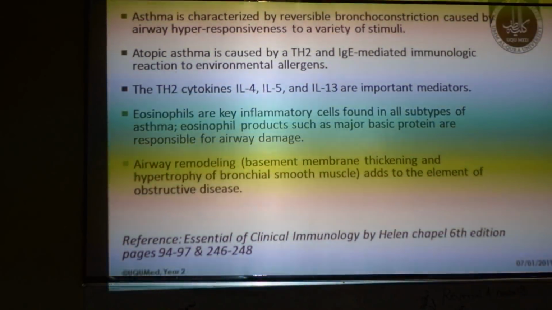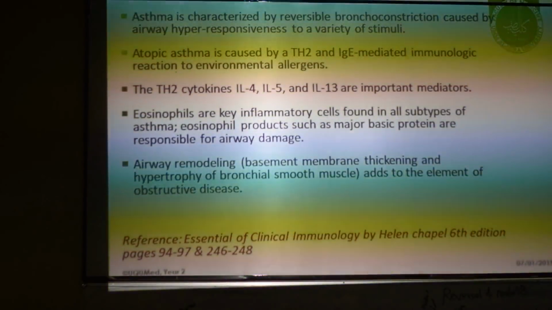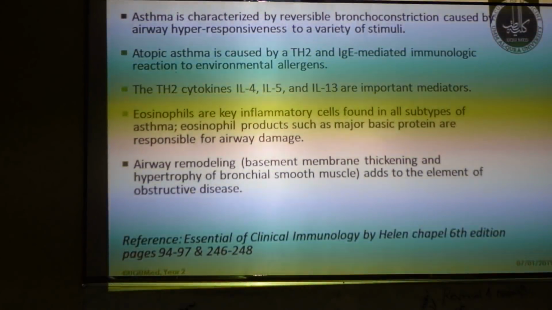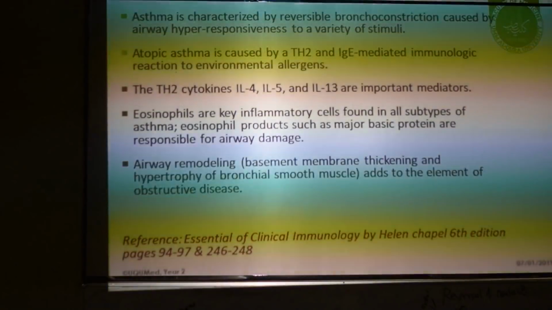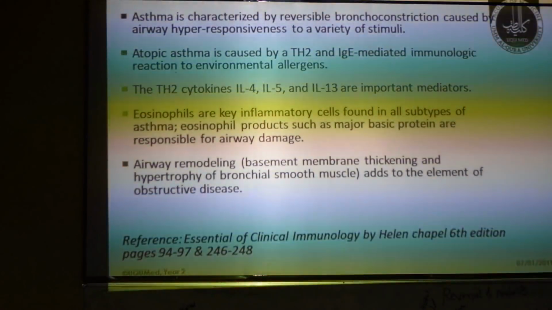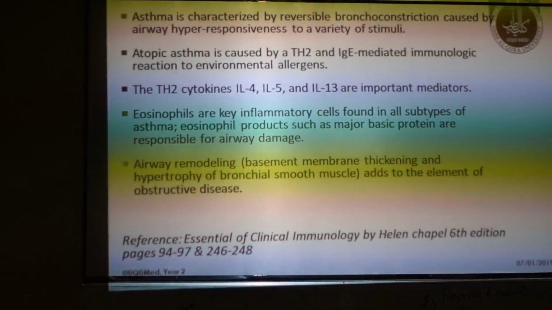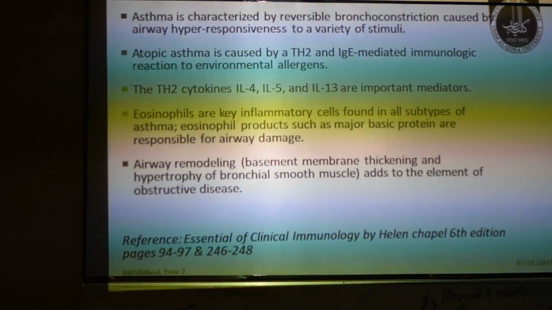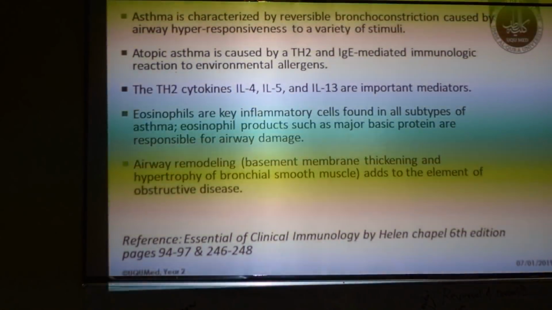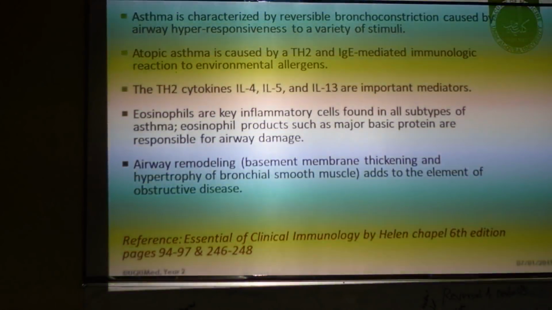Eosinophils are key inflammatory cells found in all subtypes of asthma. Eosinophil products such as major basic protein are responsible for airway damage as well. And airway remodeling will take place finally if it continues for very long, and it adds to the element of obstructive disease. So if you have any questions, yes.